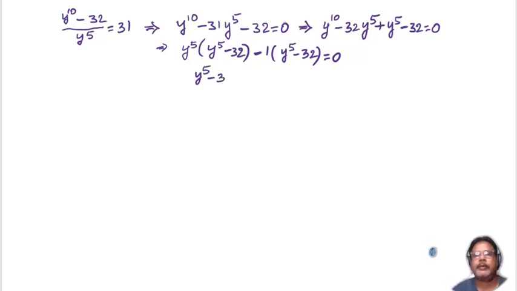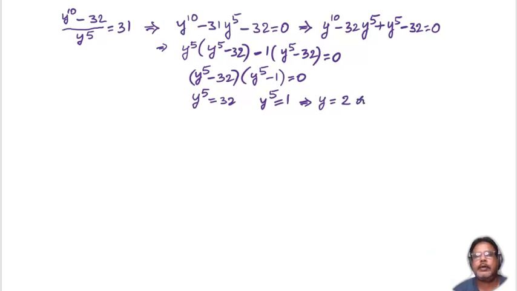Y power 5 minus 32 into y power 5 minus 1 equal to 0. So from this you can write y power 5 is equal to 32 and y power 5 is equal to 1. That implies y is equal to 2 or 1.